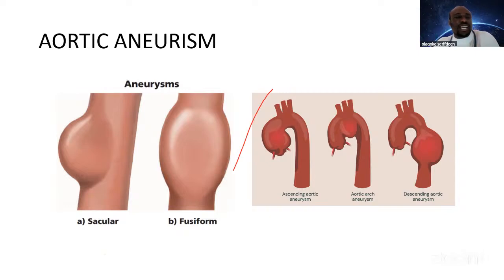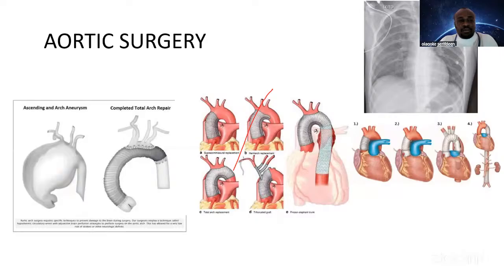There will be internal bleeding, and the patient will die. But if this is detected on time, a stent can sometimes be passed. And this repair could also be two things. Sometimes they can have an open procedure, and in some patients they could have a minimally invasive one, where a stent is passed through their leg and directly into the aorta. So that can also be done.